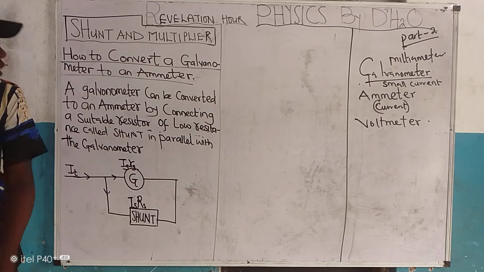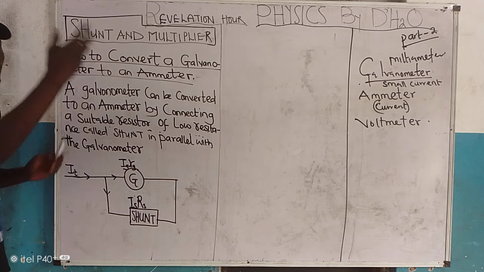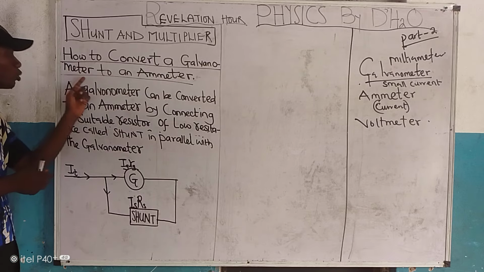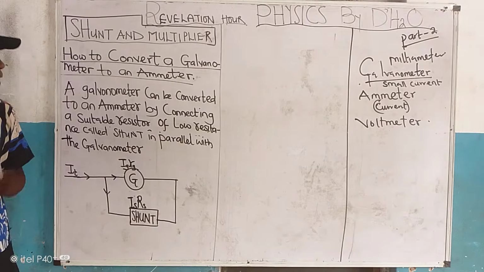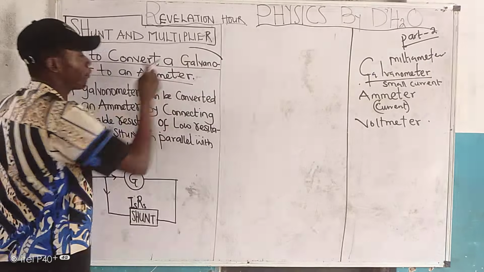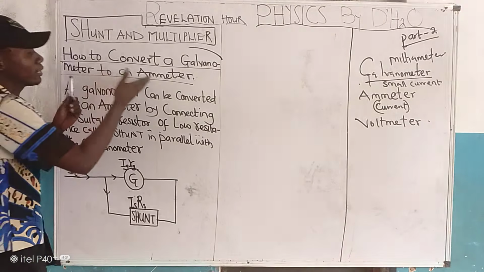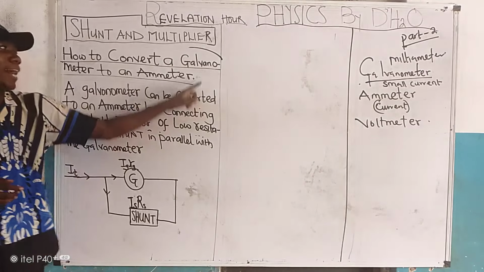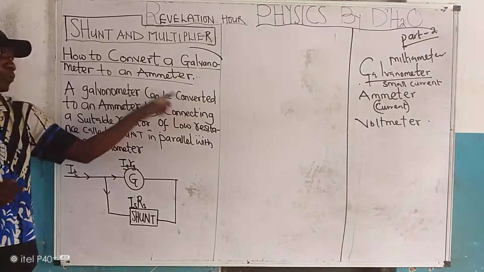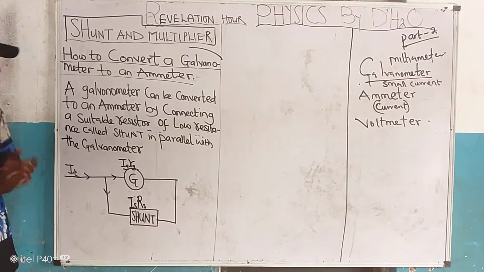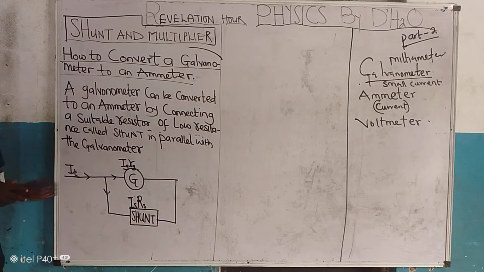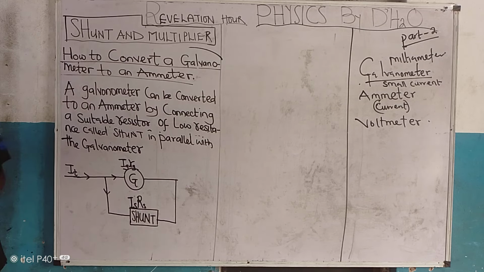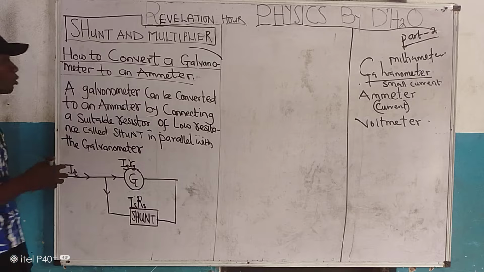In this video lesson, we are first of all going to take on how to convert a galvanometer to an ammeter. Remember, galvanometer is meant for small current, but ammeter is meant for both small and big current. So you can make your galvanometer function like an ammeter by doing what?